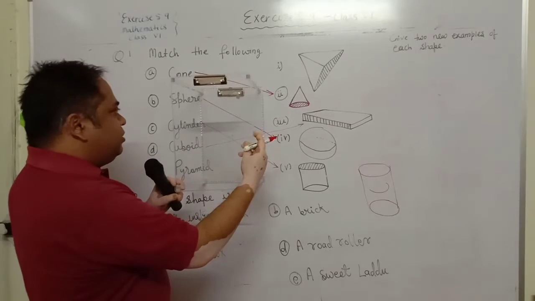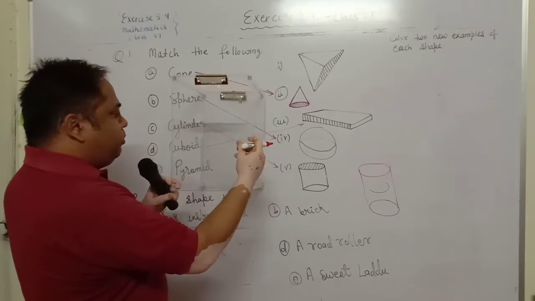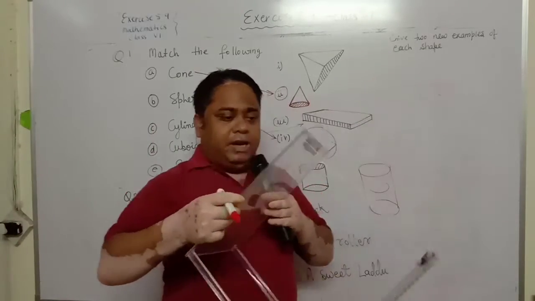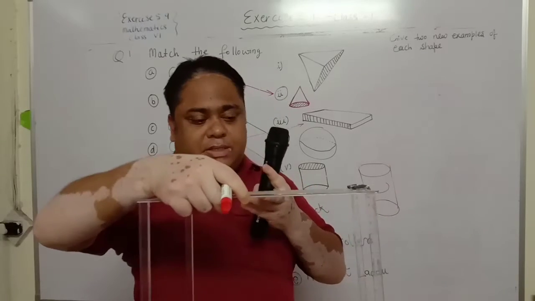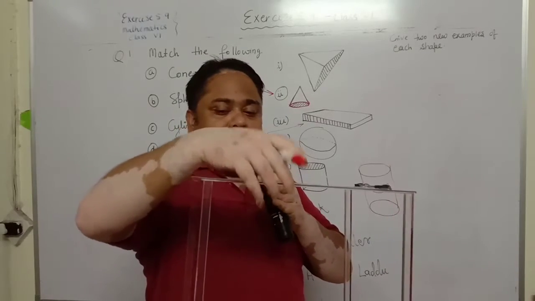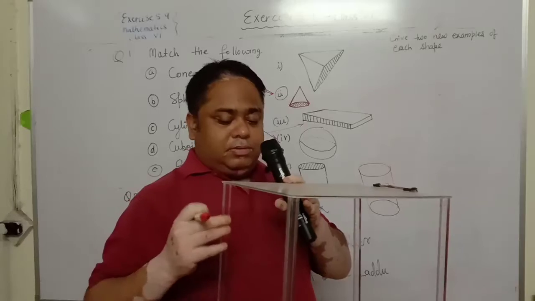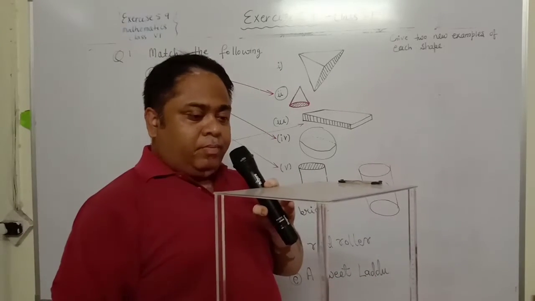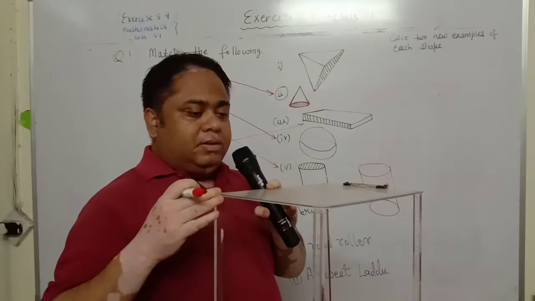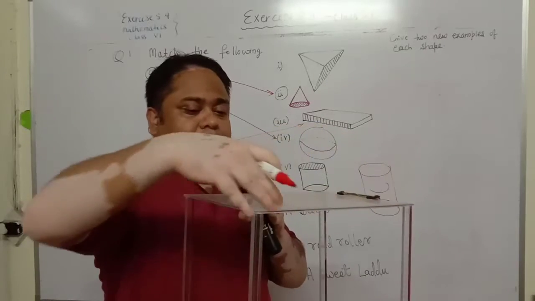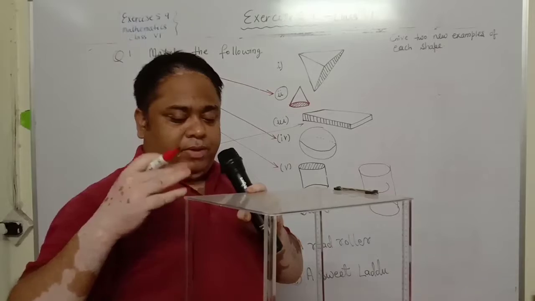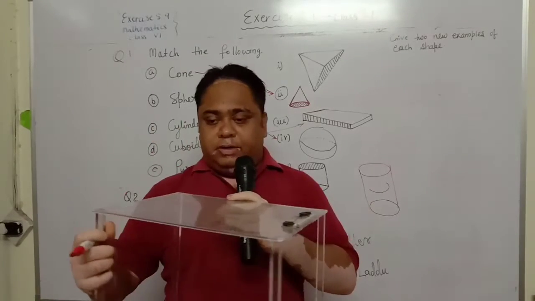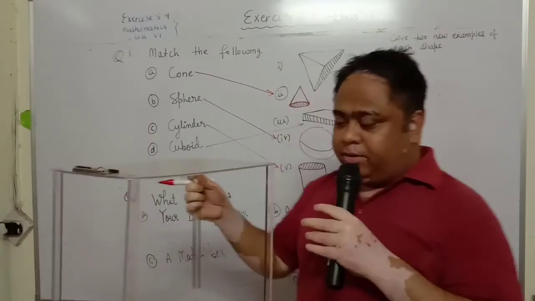I have used examination boards, one at the top and one at the bottom, and I have used the three-dimensional scales as the pillars. So you will find that they are parallel to each other. The length and the breadth are different, and the height is different. So it is called a cuboid.